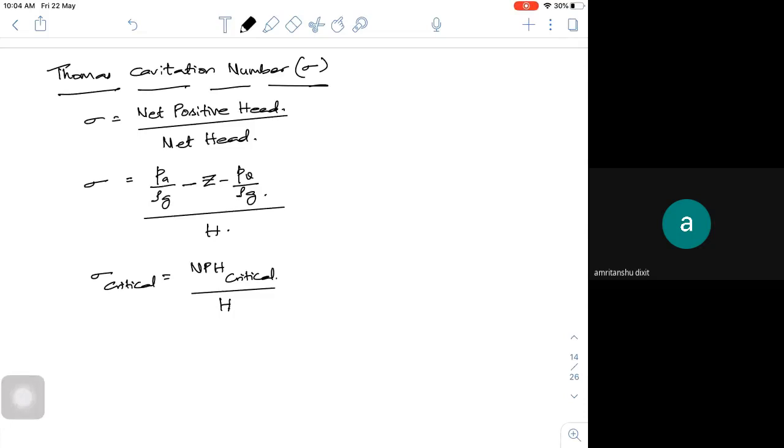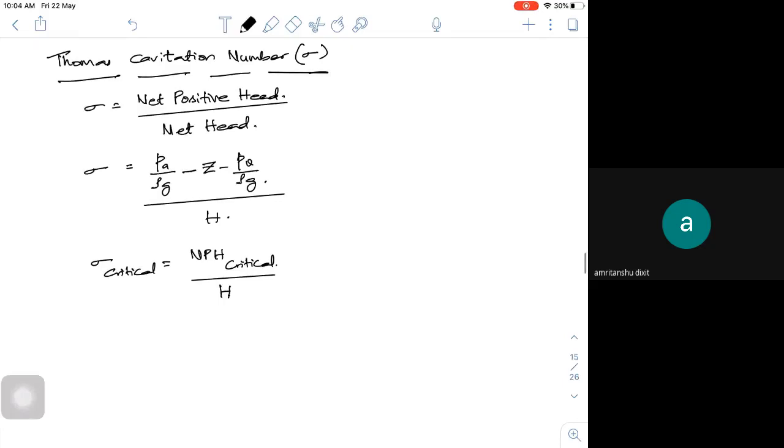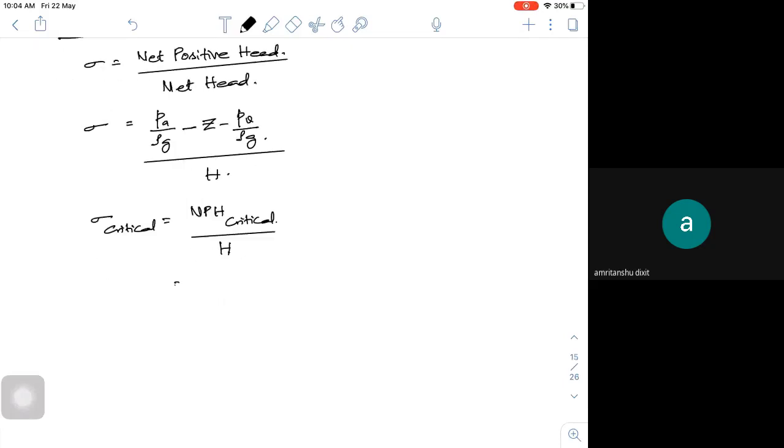Now, what we try to do here actually, in the NPH critical, is that NPH critical is P2 by rho g minus Z minus PV by rho g, divided by H. So this is my critical number.